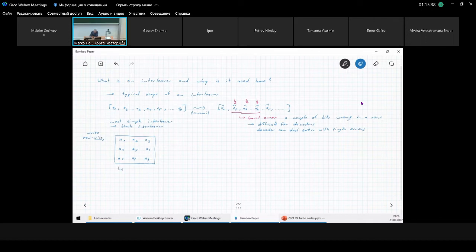And we read column-wise. So the resulting sequence would be A1, A4, A7, A2, A5, A8, and A3, A6, A9.